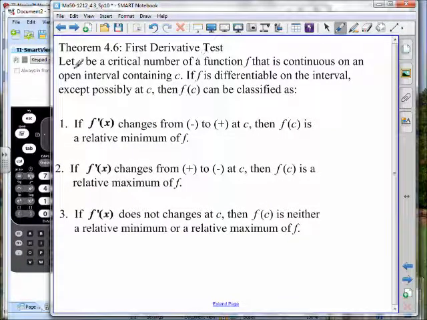First derivative test. Let C be a critical number of a function. Again, is C an input value or an output value?